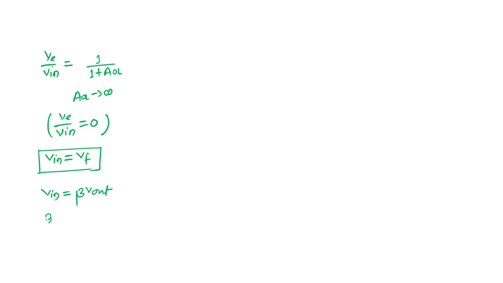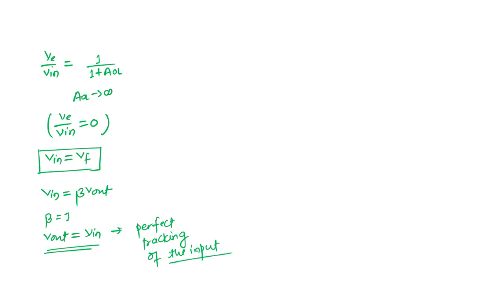If beta equals 1, my output voltage equals the input voltage. It is perfect tracking of the input. For the unity feedback system, my output is exactly equal to the input voltage.